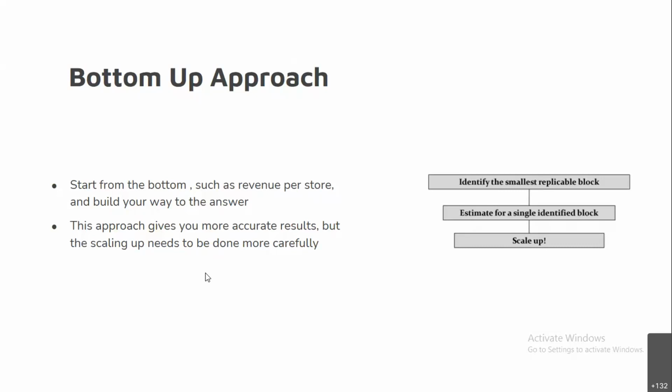So the statistics part of this question is comparatively easy. But what matters more when you're taking a bottom up approach is that you'll have to take all the time that you have to explain the reason why that is how you're scaling up. Because scaling up in itself isn't that big a deal, but why you are doing what you're doing is more important in a bottom up approach than a top down approach.